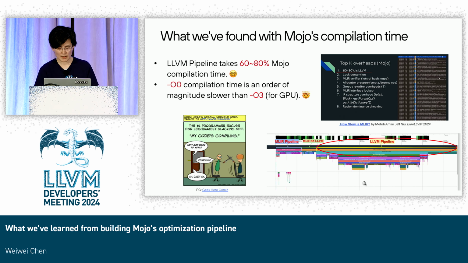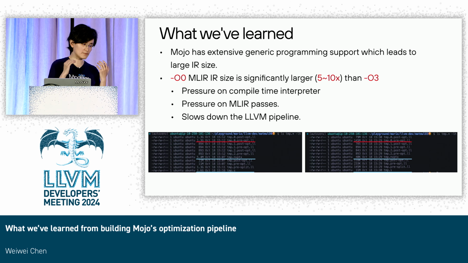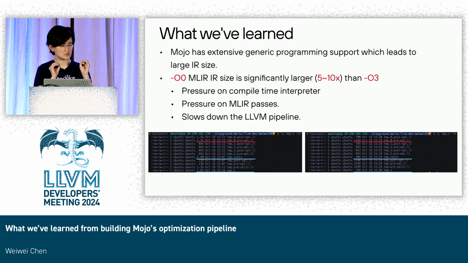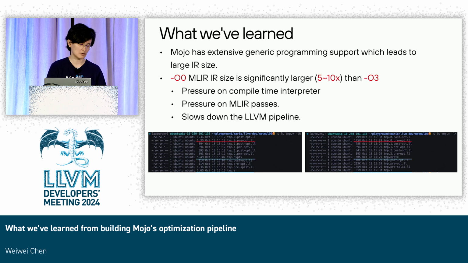That's not great. What we've figured out is that, first of all, Mojo has very extensive generic programming support. This leads to a really large IR size after elaboration. So it's a kind of code size explosion. And especially for O0 versus O3, the IR size for O0 is significantly larger than O3.